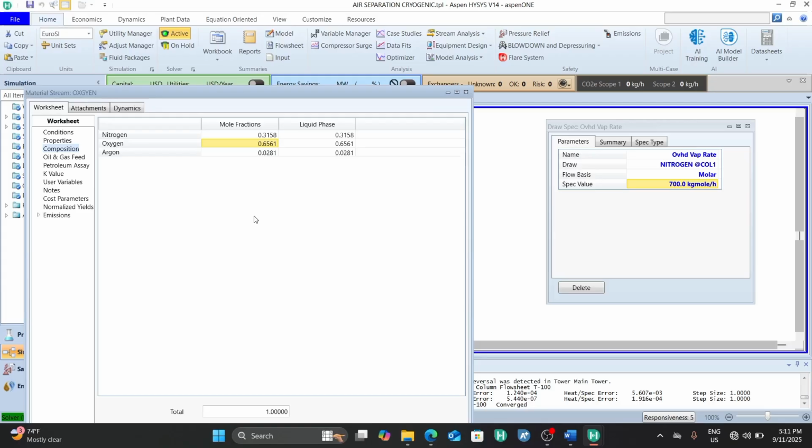0.6561 times 300. Just work with the approximate value of 299.8, which is 196.69.